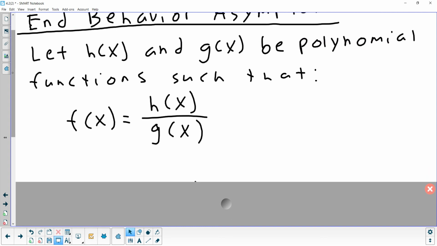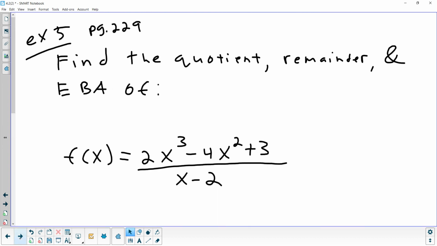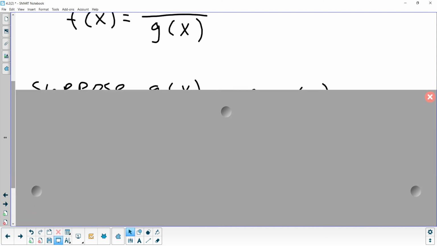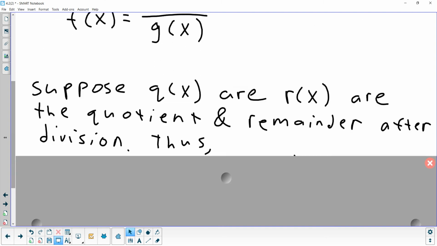So let's say that we had 2 polynomials and we're dividing them. Right? h of x over g of x. It could be something like 2x cubed minus 4x plus 3 would be the top, and x minus 2 would be your g of x. Remember that when you divide them, you're going to get a quotient and you get a remainder.